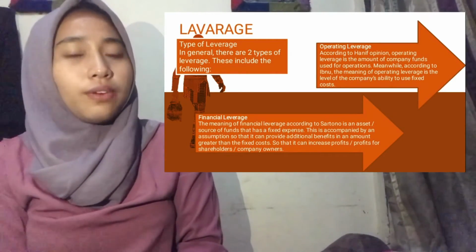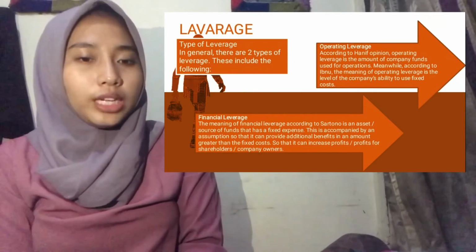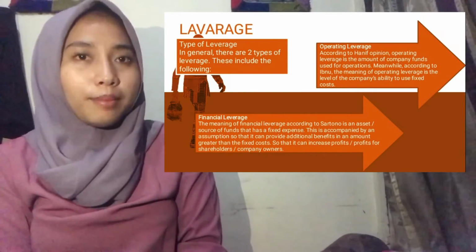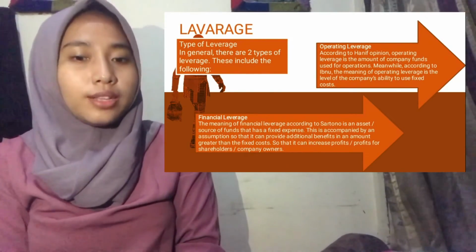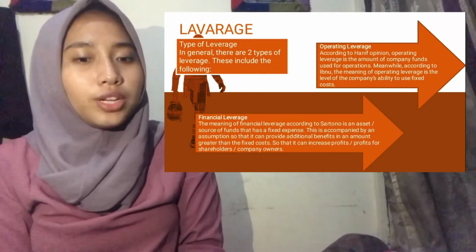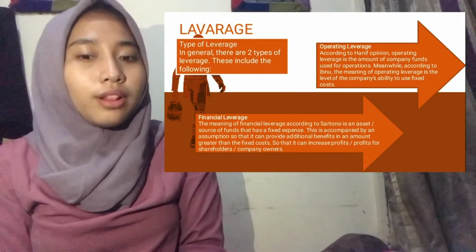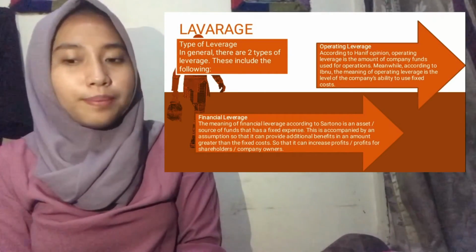These include the following: operating leverage. According to Hanif's opinion, operating leverage is the amount of company funds used for operations. Meanwhile, according to Ibnu, operating leverage is the level of the company's ability to use fixed costs.